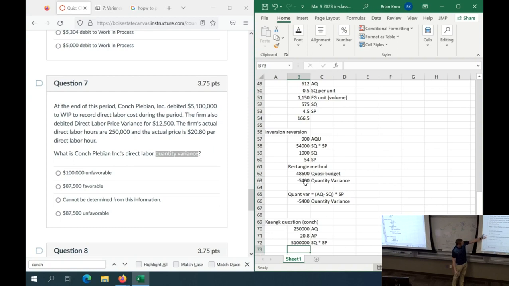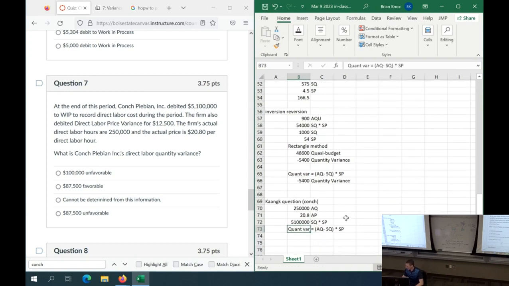The other question is, which of these is it? Now my radar's going up saying, oh, there's a favorability question. Maybe he's going to be testing me on favorability. Those are two suspect answer choices. But let's look at this. So what I need ultimately are the factors that go into the quantity variance, or the factors that go into the quasi-budget.